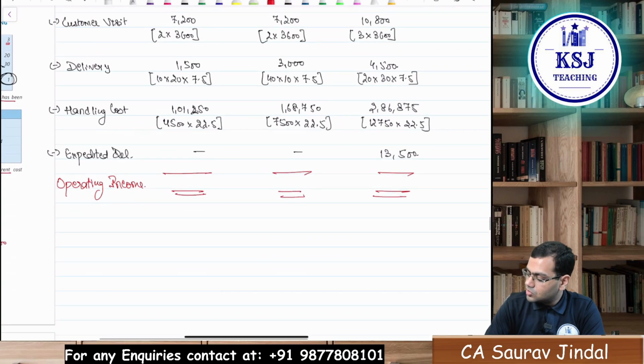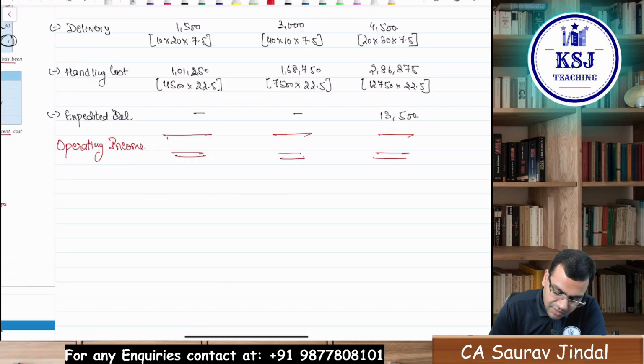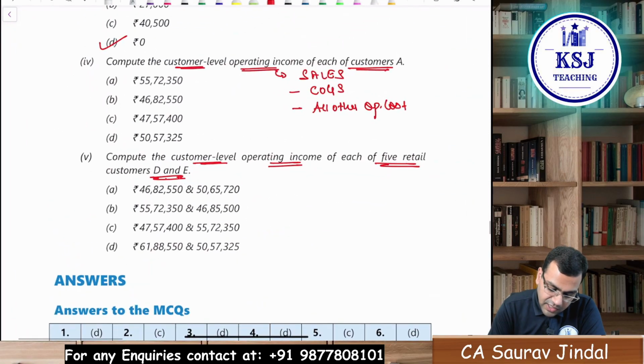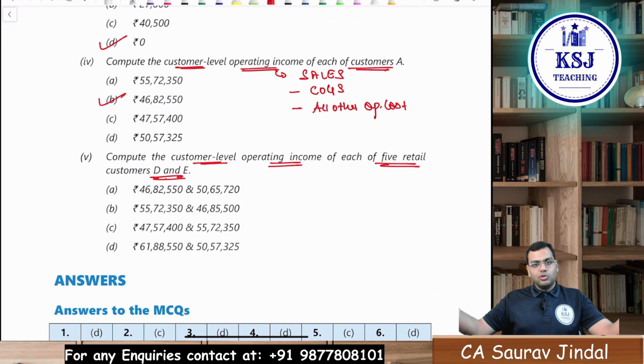So that comes to 46 lakh 82,550. So do we have the answer for option A? For customer A, 46 lakh 82,550, that is option B.